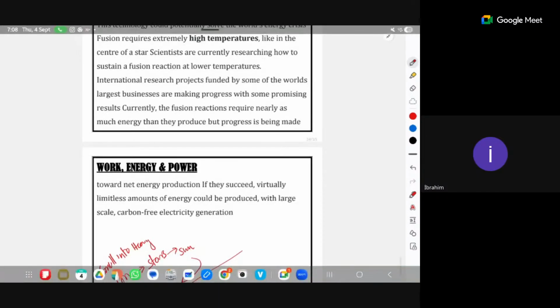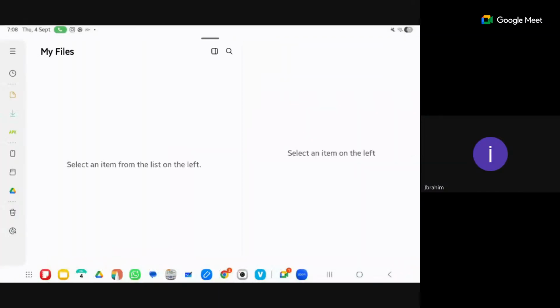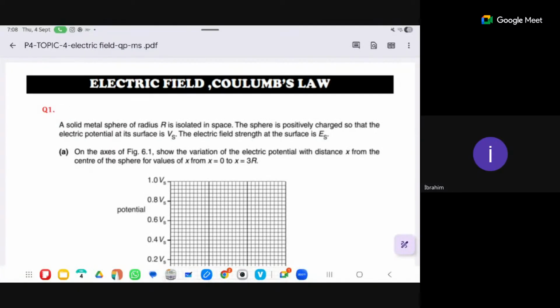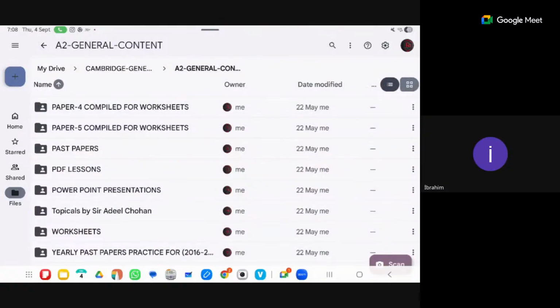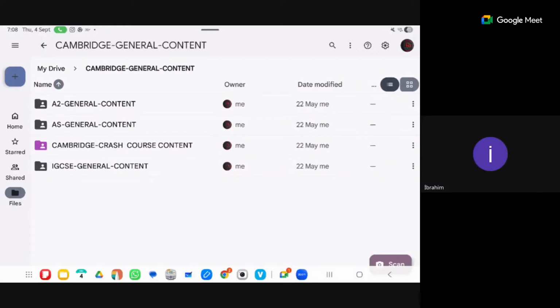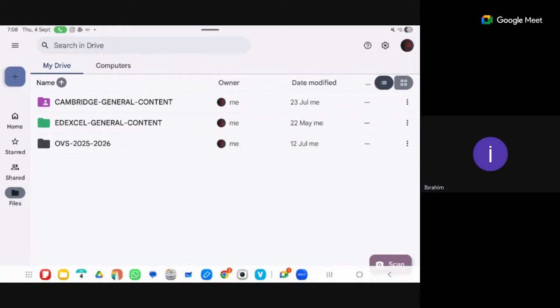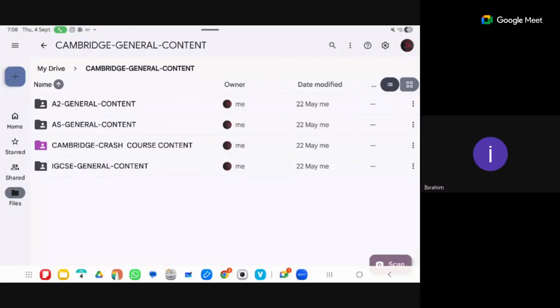Just give me a second, opening up the worksheet for work, energy and power, and I will tell you what type of questions we have from this topic.